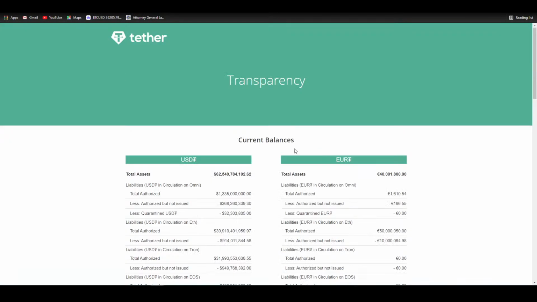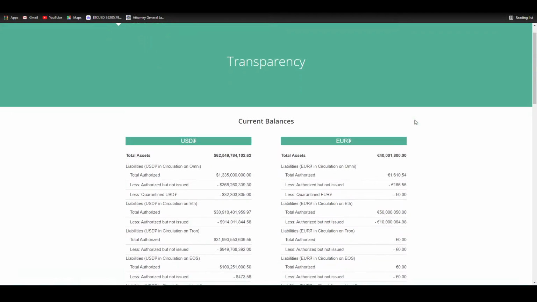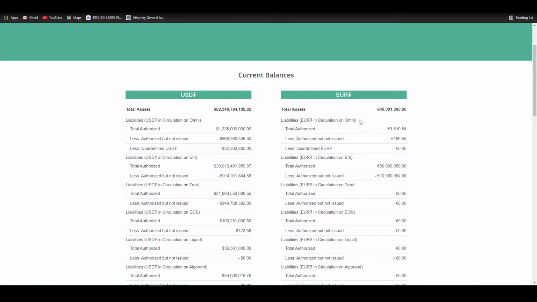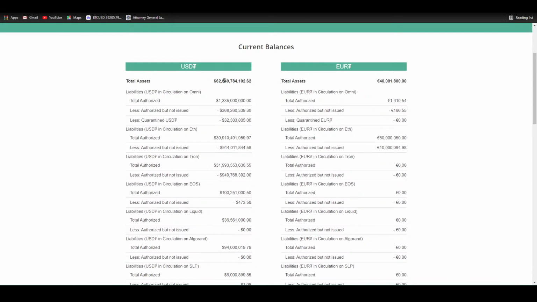So yeah, and then here's Tether transparency. This thing is new. I'm assuming total assets supposed to be under management is $62 billion. Then a quick Google search, you will find Tether has only 15 employees. So you mean to tell me that 15 employees have $62 billion under management?